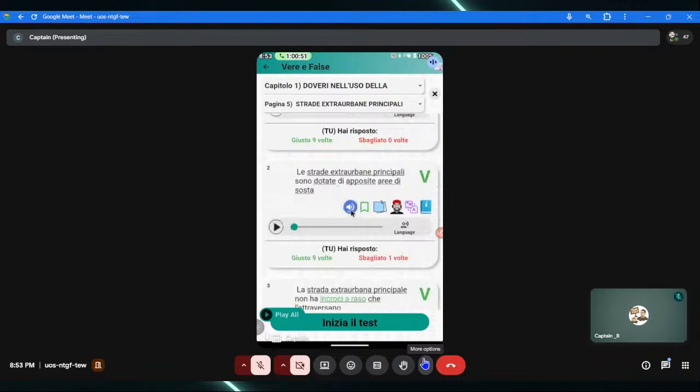Le strade extraurbane principali sono dotate di apposite aree di sosta. He said this extraurbana principali, they are equipped, okay, of appropriate area of parking.